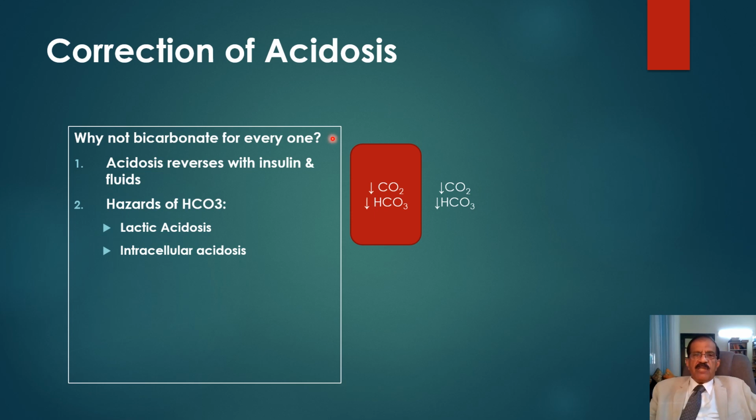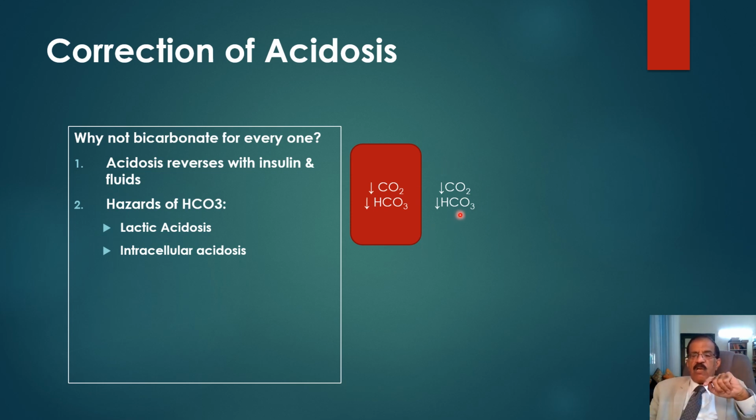Now imagine this situation. This is extracellular compartment and this is intracellular compartment. We are talking about a case of diabetic ketoacidosis. In diabetic ketoacidosis, we have already learned that carbon dioxide level is low and bicarb level is also low along with the pH. So these two things are low in extracellular compartment.